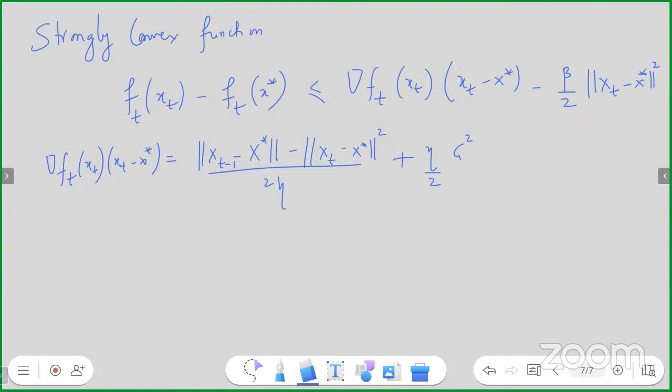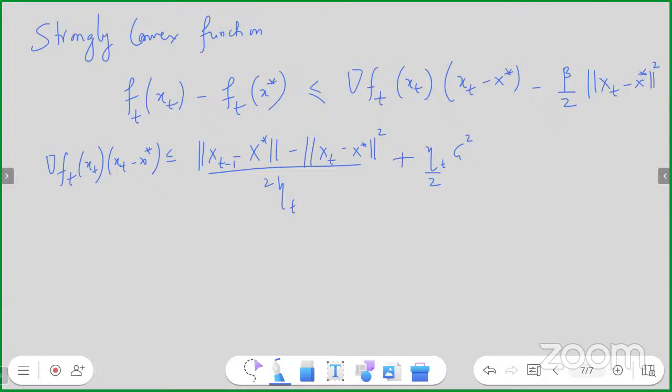How do I exploit that? So all these are also eta t's.